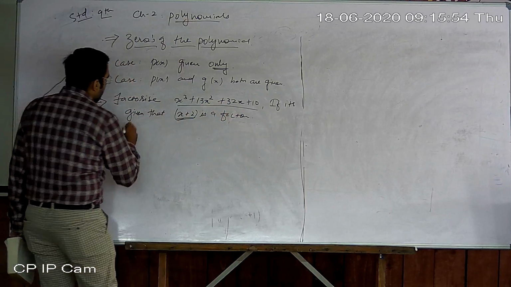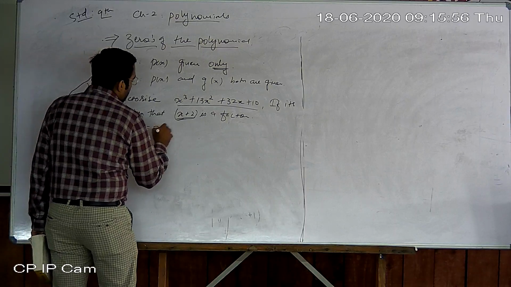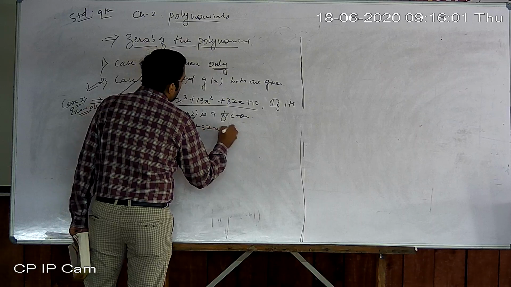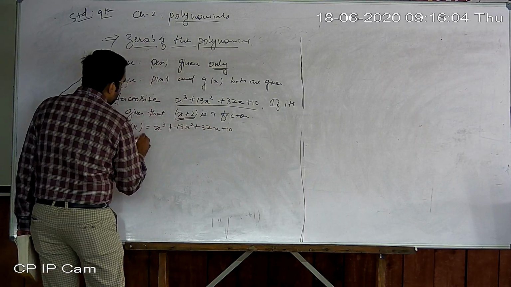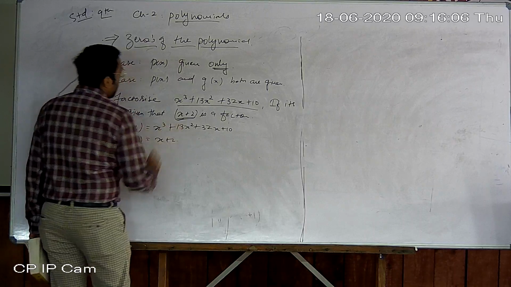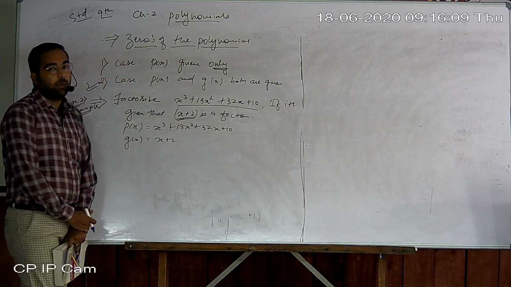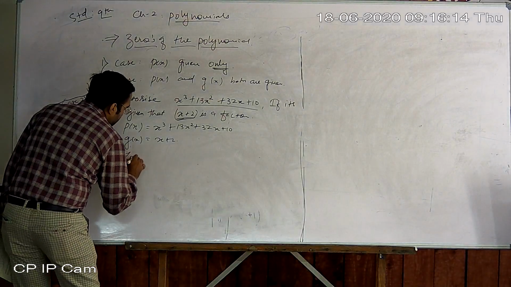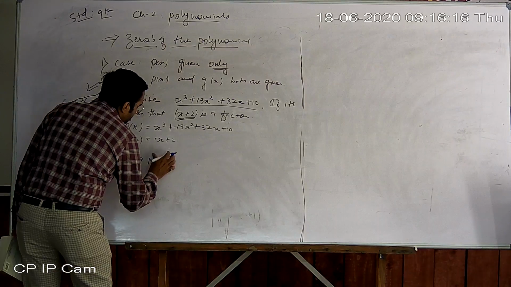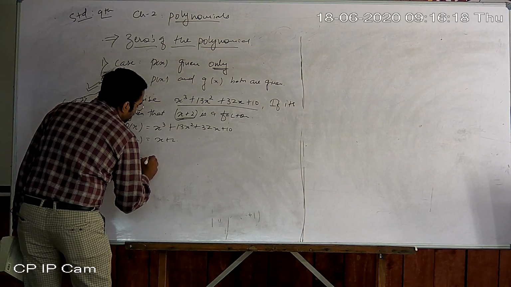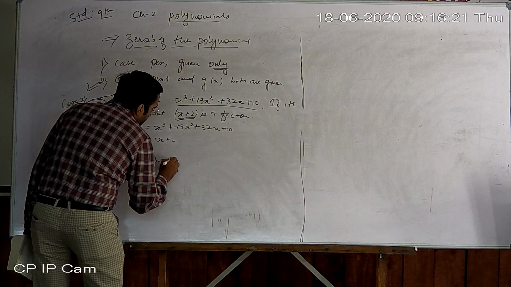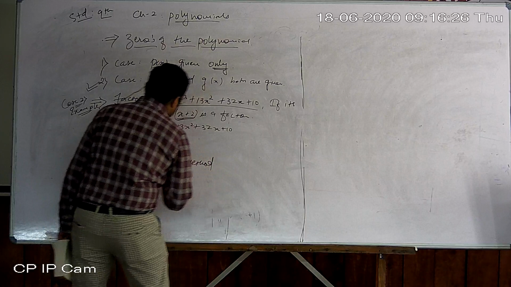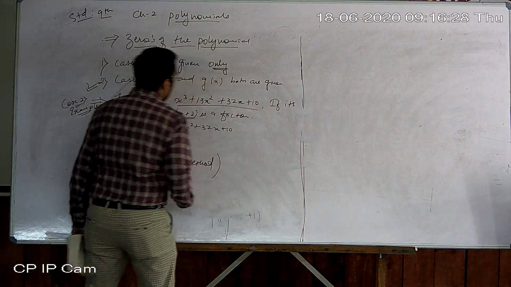My p of x is x cube plus 13x square plus 32x plus 10, and my g of x is x plus 2. Whenever g of x is given, then you have to directly use the long division method to factorize.